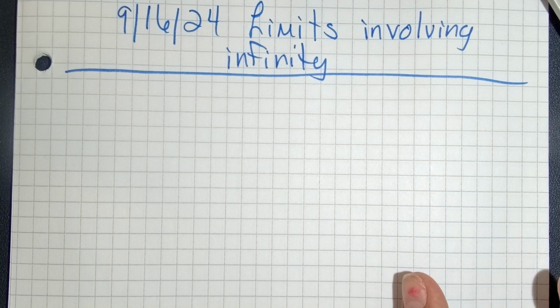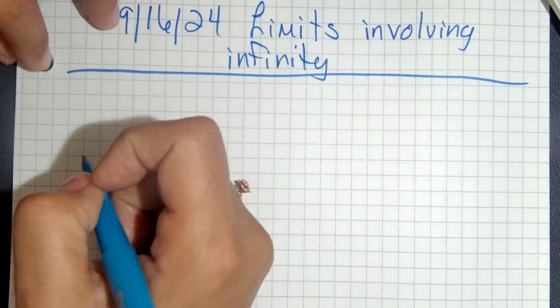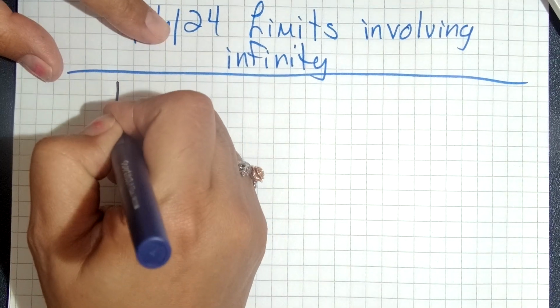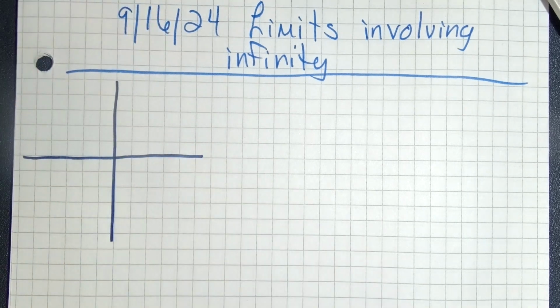So before we get to the actual lesson, we need to go over some vocabulary that we need in order to do the limits. We're going to be working with graphs that look like this, okay? You're going to need to draw the graph also, so you can make sure that you are looking at the graph when I'm talking about it.